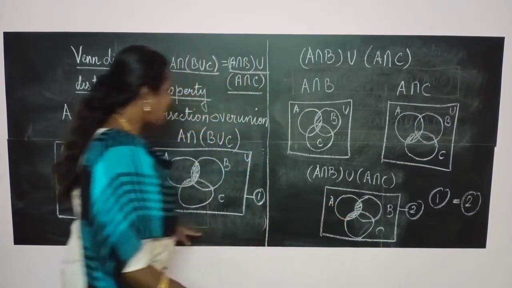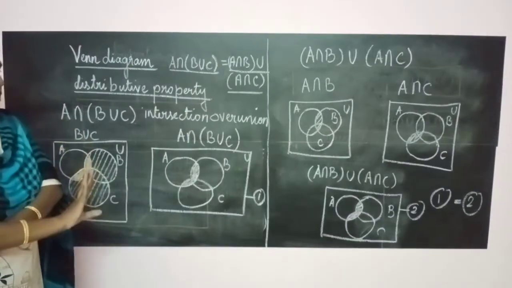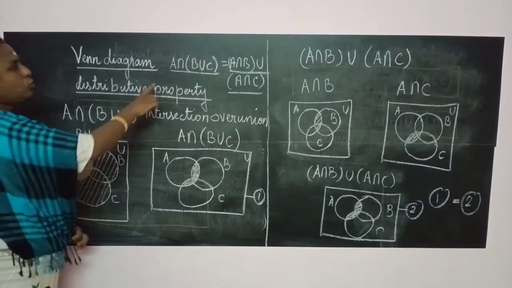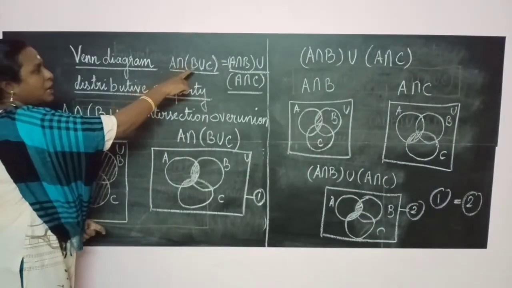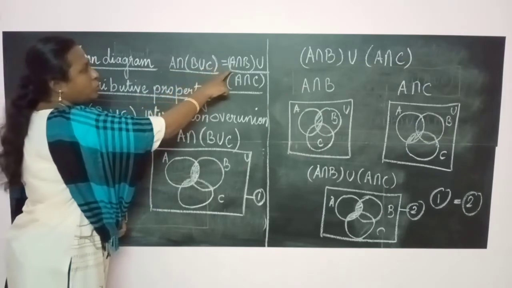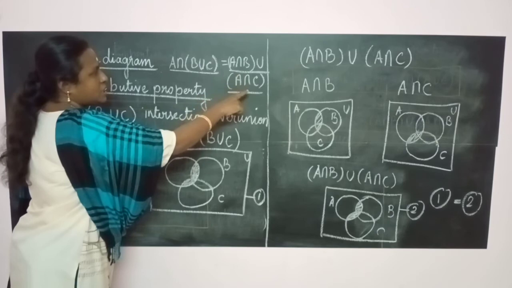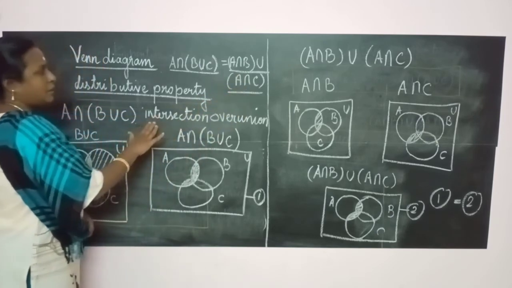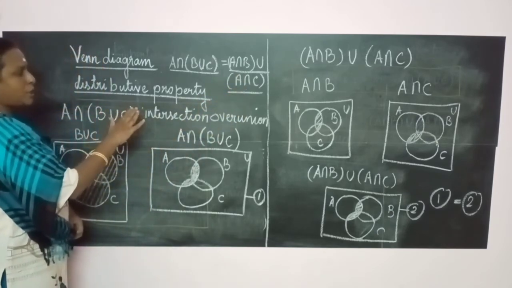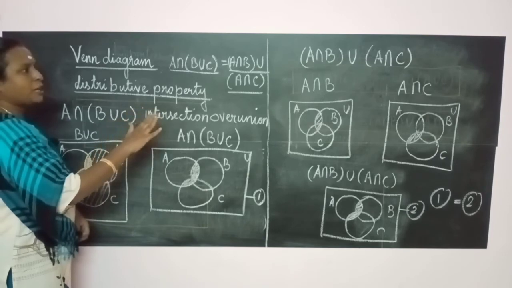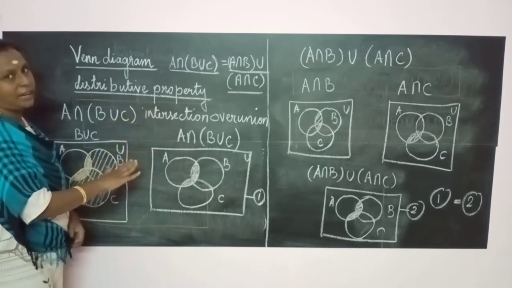So when you see diagram 1 and diagram 2, they are the same. So we can conclude A intersection (B union C) is equal to (A intersection B) union (A intersection C). Thus the distributive property for intersection over union is proved using a Venn diagram.